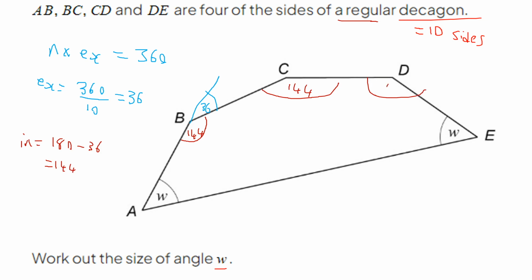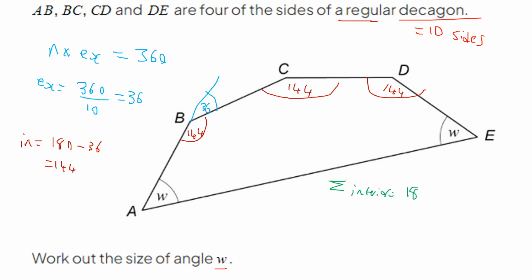And this also has to be 144. Okay. But what does this side add up to? It's got 1, 2, 3, 4, 5 sides.